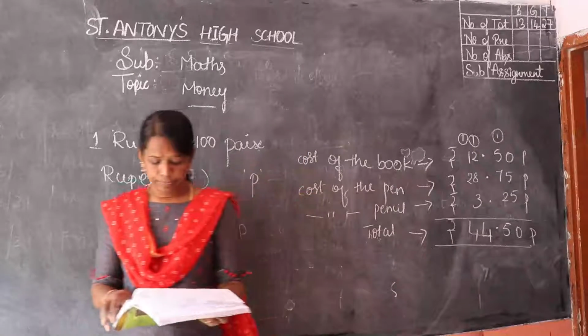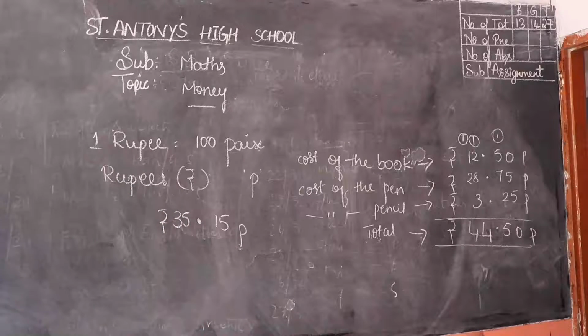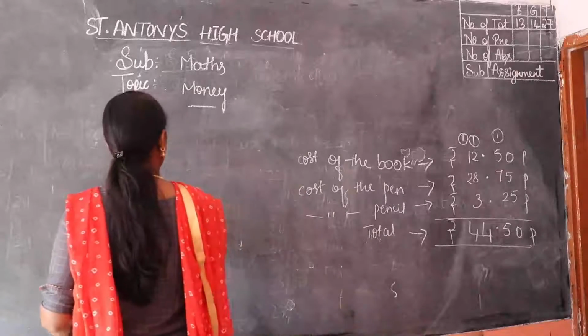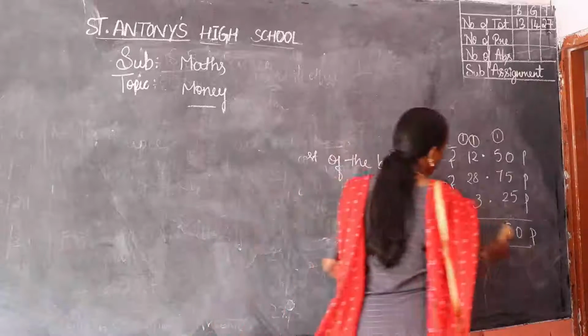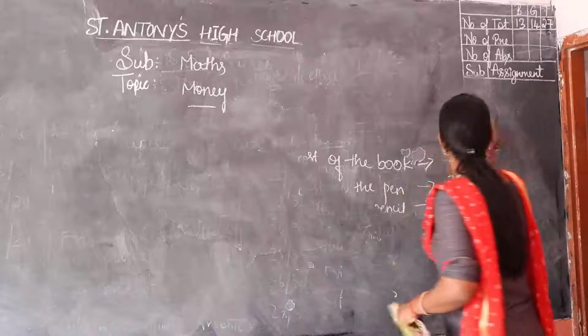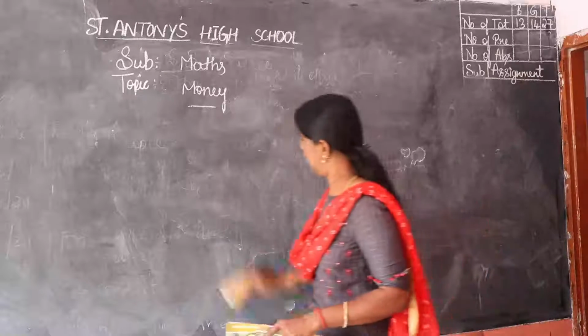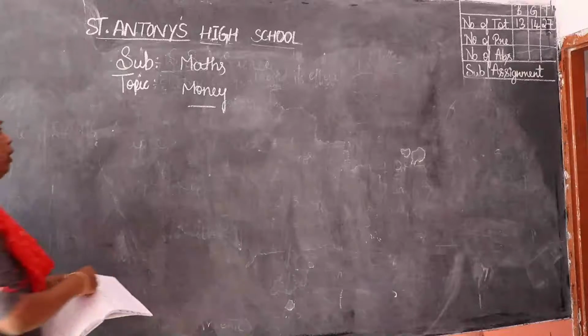Okay, children. So from exercise number 5.1, we know the symbol, and also 1 rupee is equal to how much? 100 paisa. Let us do some exercise sums from exercise number 5.1.